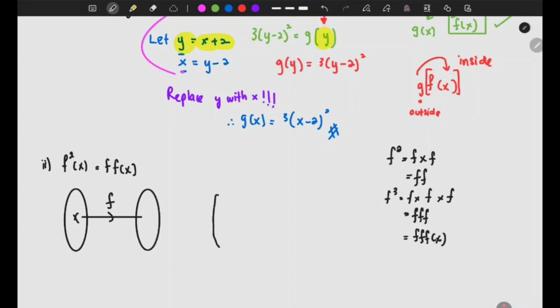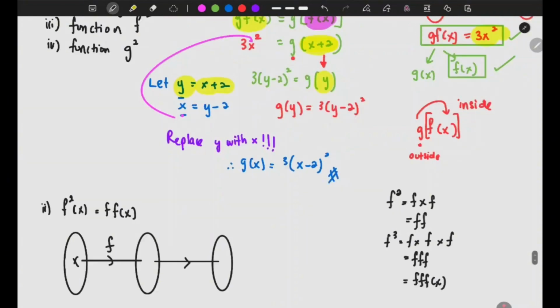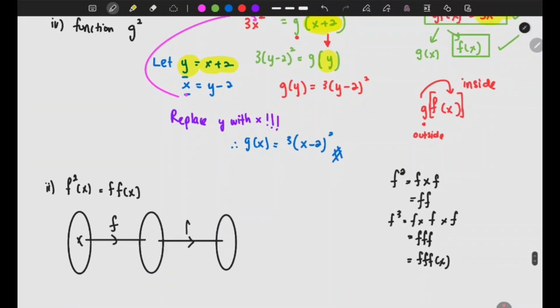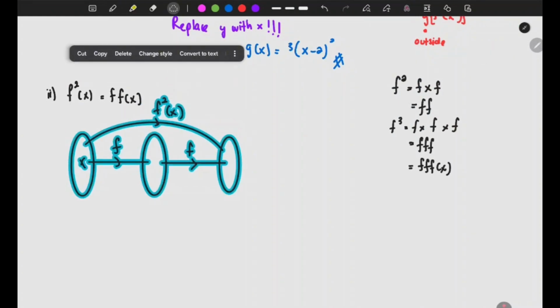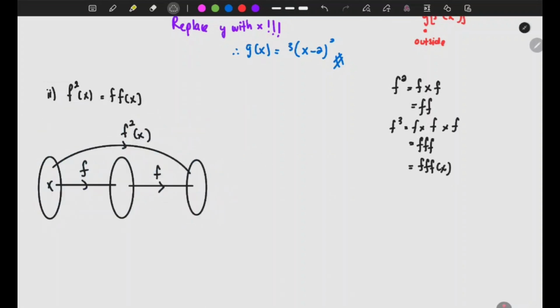So that's why we call it ff(x), or we also can simplify it with f squared x. So this is a short visualization using an arrow diagram. If g squared means the same thing, you cross the first bridge g, second bridge also g. So gg(x).